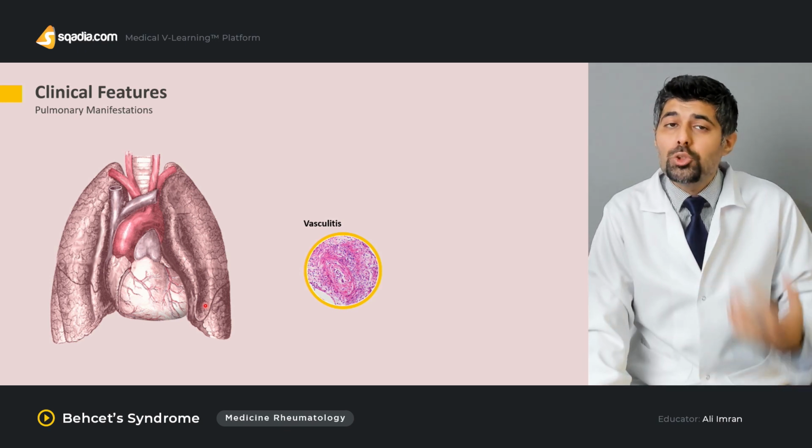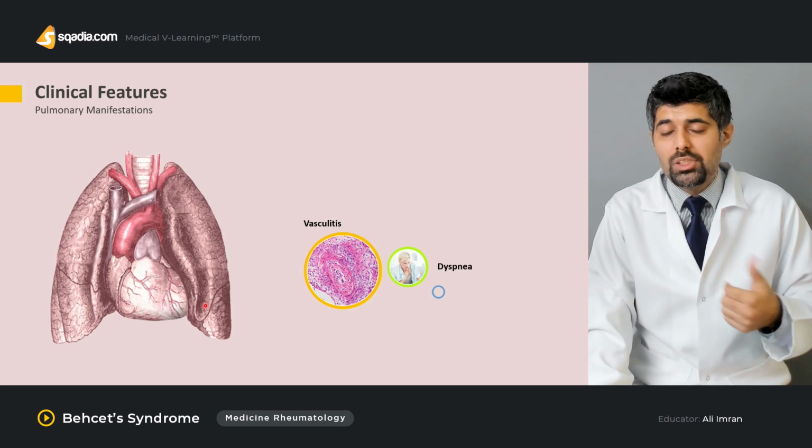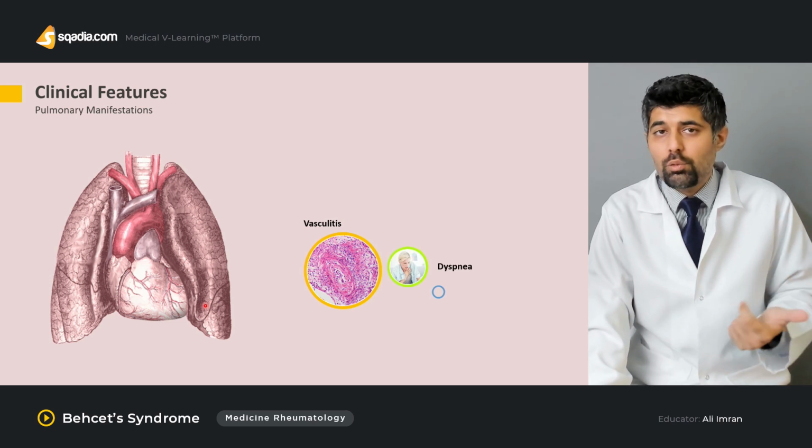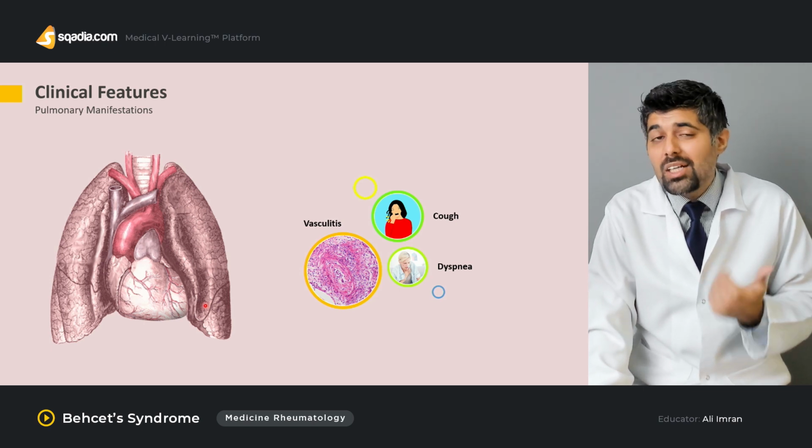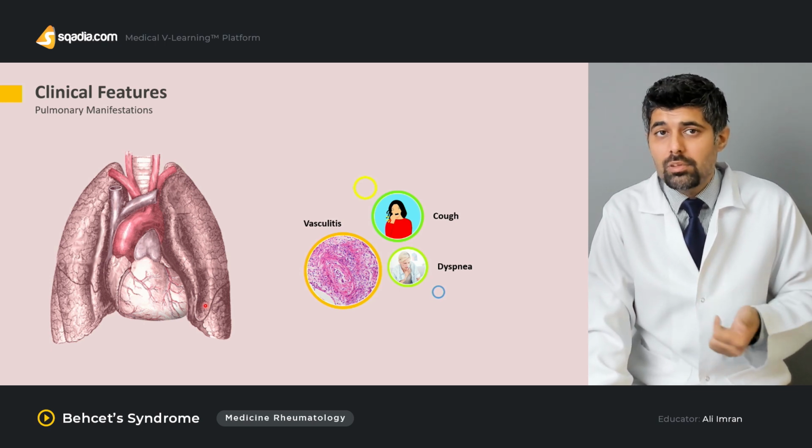This usually presents as dyspnea, like shortness of breath. It can present as cough, and that cough is usually a dry, non-productive cough.